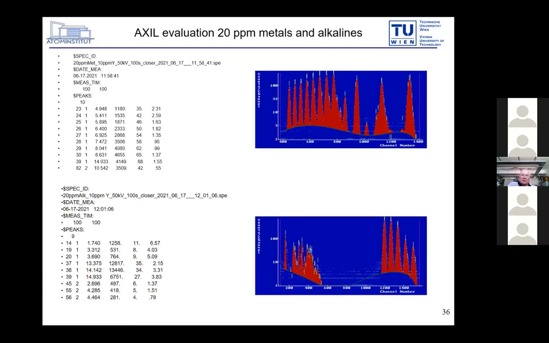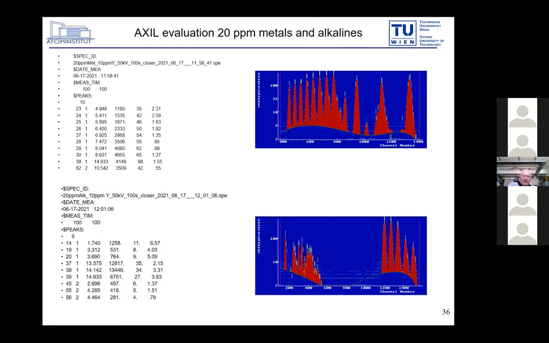It means we were then analyzing, for calibration purposes, multi-element samples. These are the metals, these are the alkalines, and we were using our classical axial evaluation software package, where here in this row you see the data available for the intensities, which we use later on in our software to continue and evaluate it.